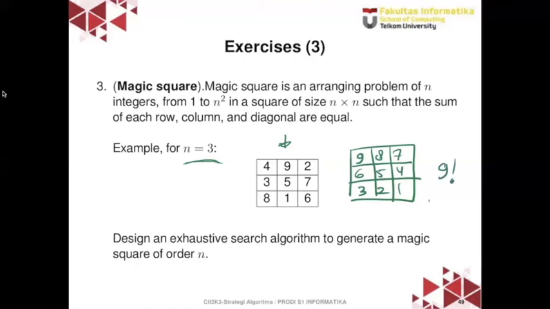So we will have n squared factorial for the enumeration. And for each possible solution, we just need to check if the sum of each row, each column, and the diagonals are equal or not.